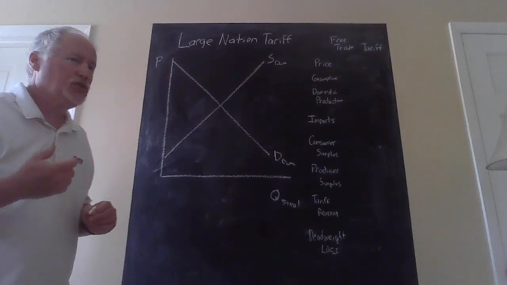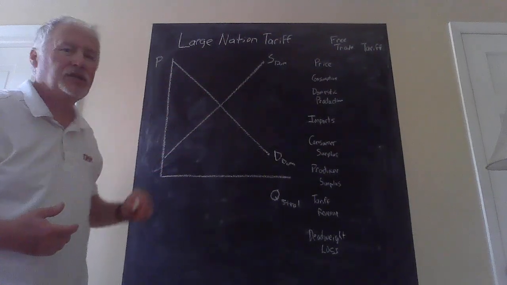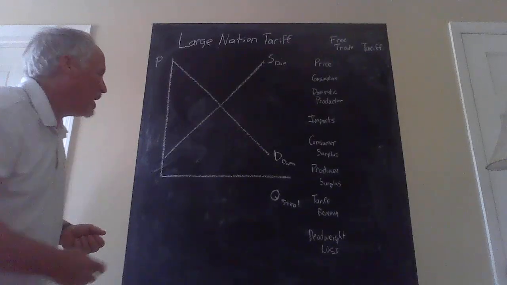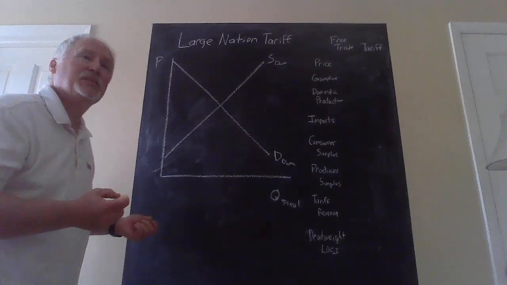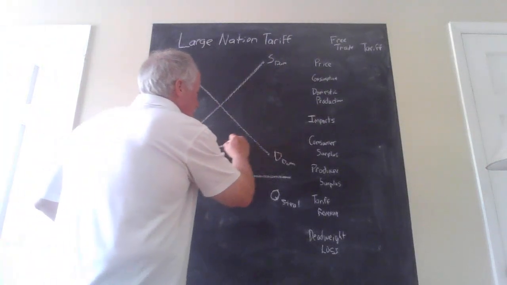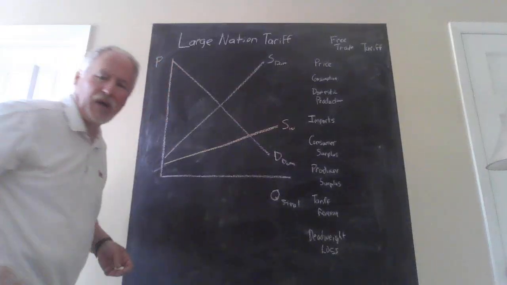So what we have to do first here is add in, we've got the domestic demand curve and the domestic supply curve. So we have to add in the world supply curve. And the world supply curve now has to be positively sloped because this is a large nation. So that's going to be the world supply.